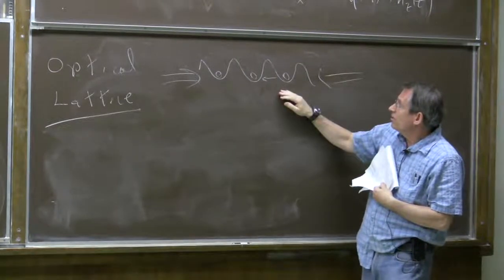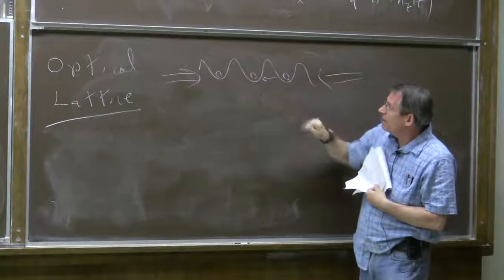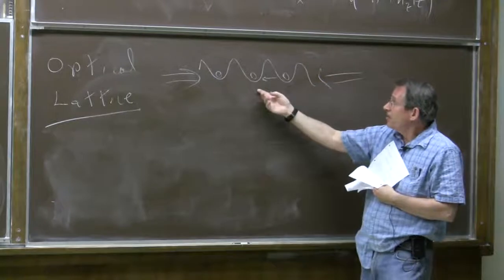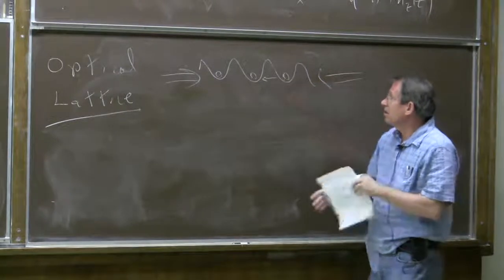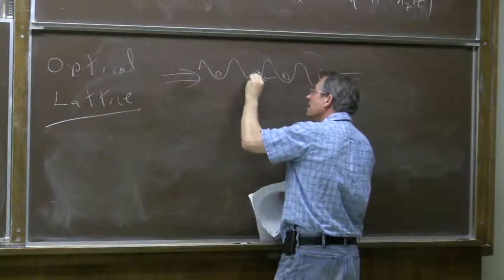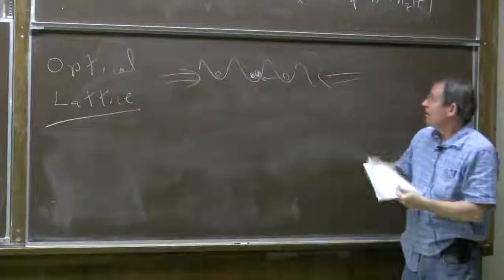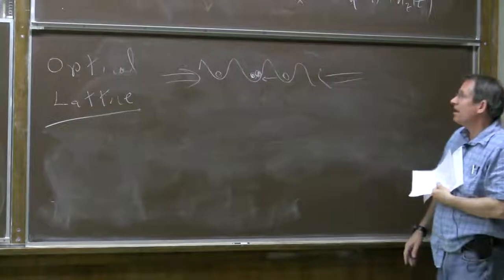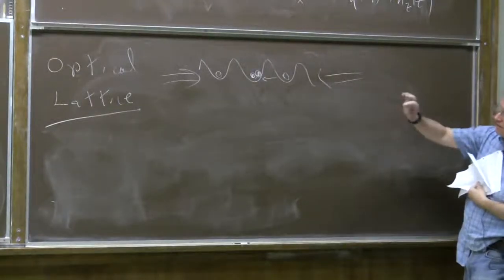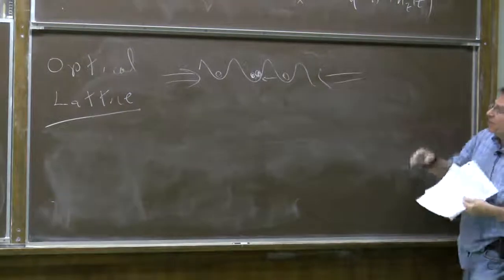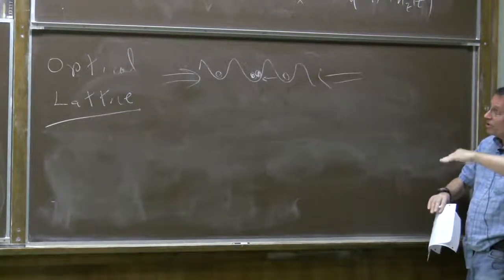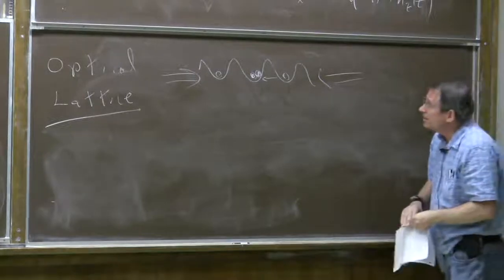And so we can vary the rate at which they tunnel and study phase transitions that occur that depend on the relative strength of the on-site interactions when two atoms are sitting at the same site in the lattice and the strength of the tunneling from site to site. So what happens is, for a given strength of the on-site interaction between atoms, there's a kind of phase transition that occurs as we vary the height of the potential.